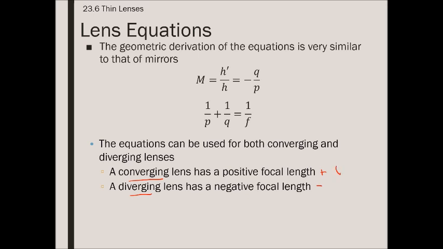A lens that looks like this will have a positive, and a lens that looks like this will have a negative focal length, which actually is the same for mirrors: a converging mirror will have a positive focal length, and a diverging mirror will have a negative focal length.